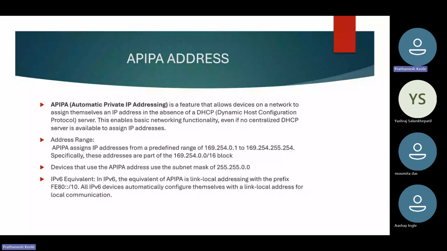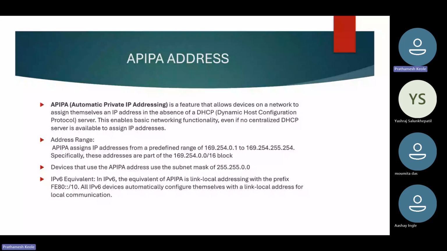Devices that use the APIPA address use the subnet mask of 255.255.0.0. In IPv6, the IP address is the link local address with the prefix FE80::/10, meaning after FE80, all the rest are zeros in that address.